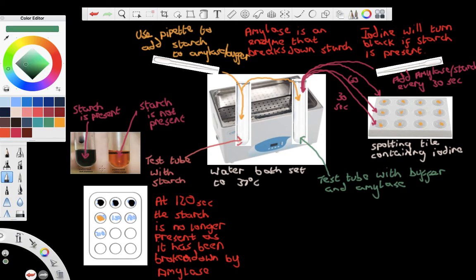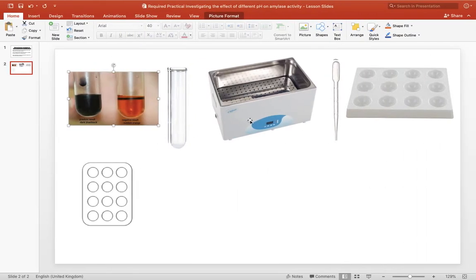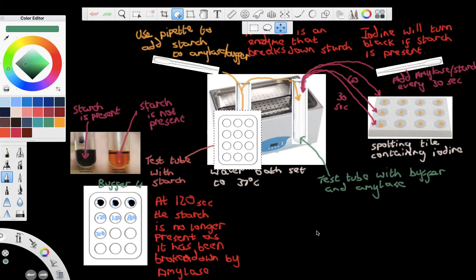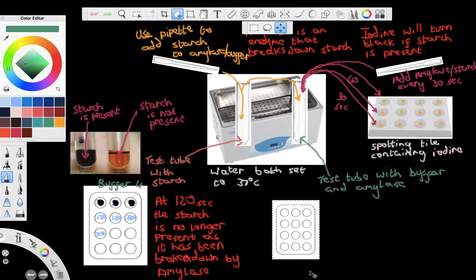Now let's assume that this is at buffer 4. If I was to do this at, say, buffer 9, which is much more alkaline than buffer 4.